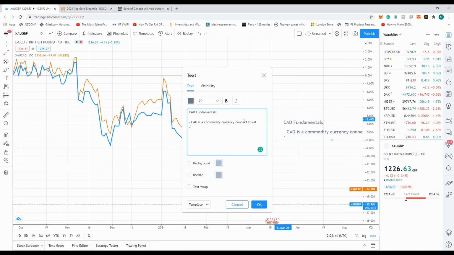So I'm going to put this here: large exporter of crude oil. So this is price positive for the CAD currency, and also strength positive.